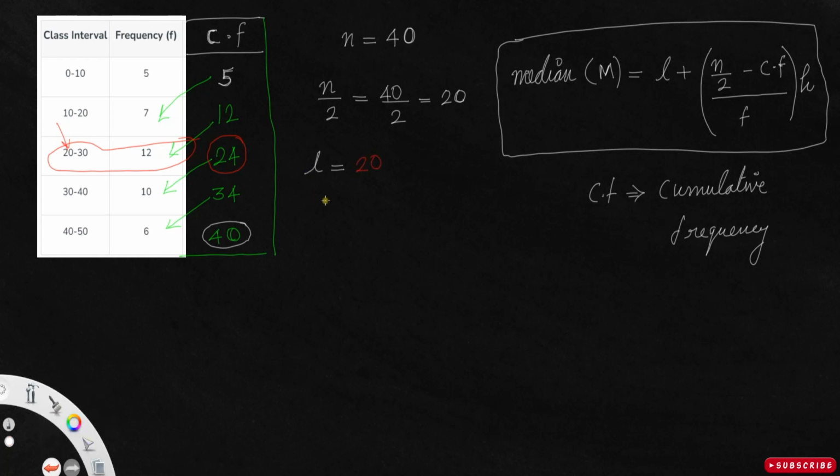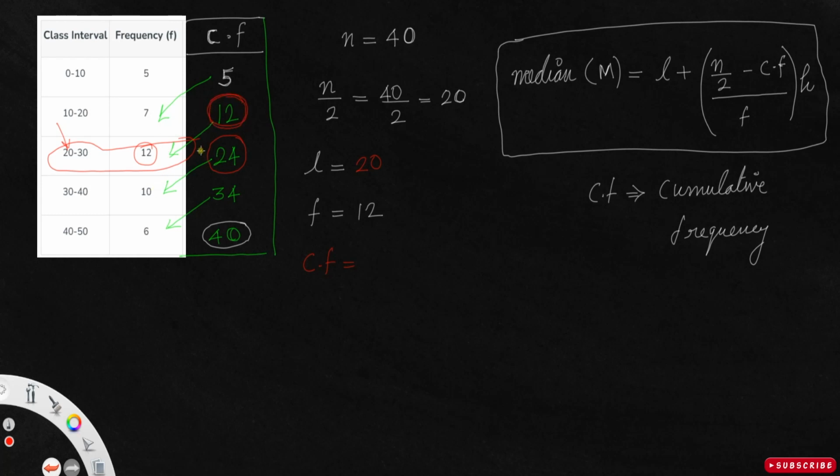Now frequency F, the frequency is 12. Now see the cumulative frequency CF, that is, in this equation we have a CF. CF is not 24 but the number before 24.